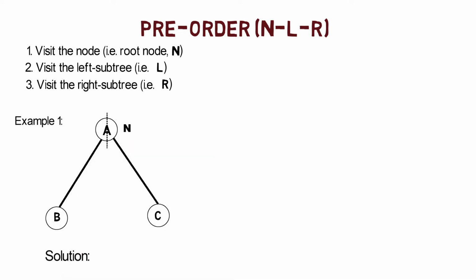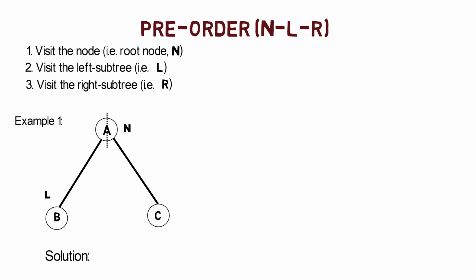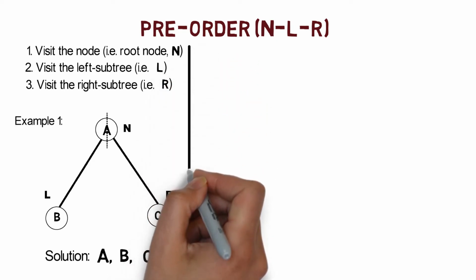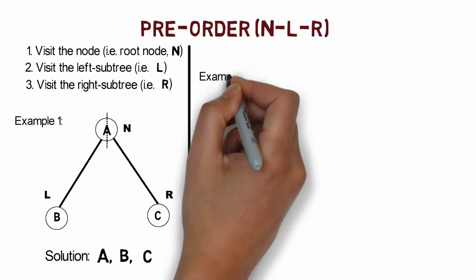Then the left side of A is our left subtree B, and to the right side of it is the right subtree C. So to traverse this simple tree, we begin from A, since it is the root node, then we visit B, since it is the left subtree, then finally C, which is our right subtree. So simple, isn't it? Now with this gist, let's take another example.